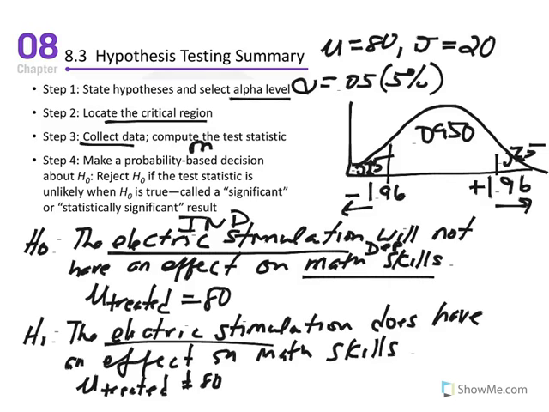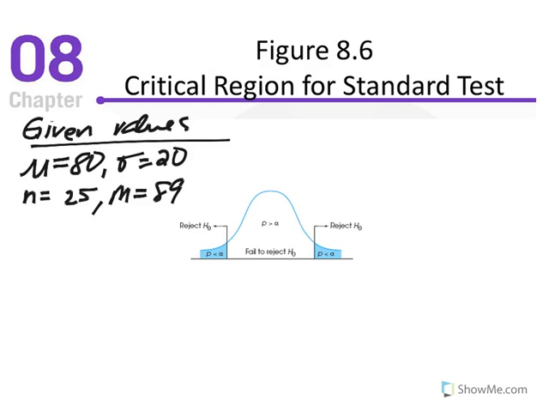So M is equal to 89. I'm going to use a different slide to then compute our test statistic using the sample statistic of M equal to 89. The sample mean is equal to 89. So here I've identified the given values.